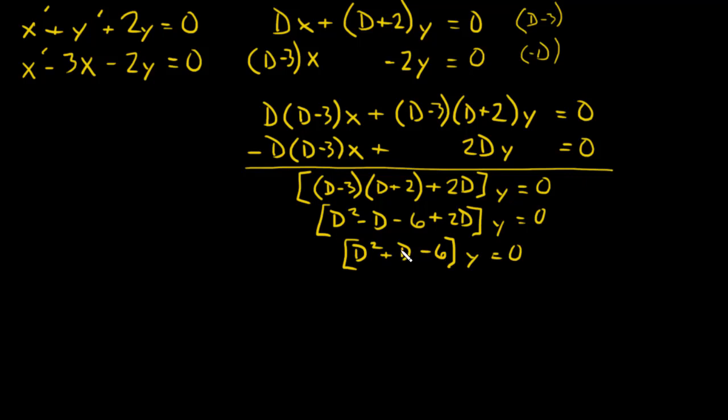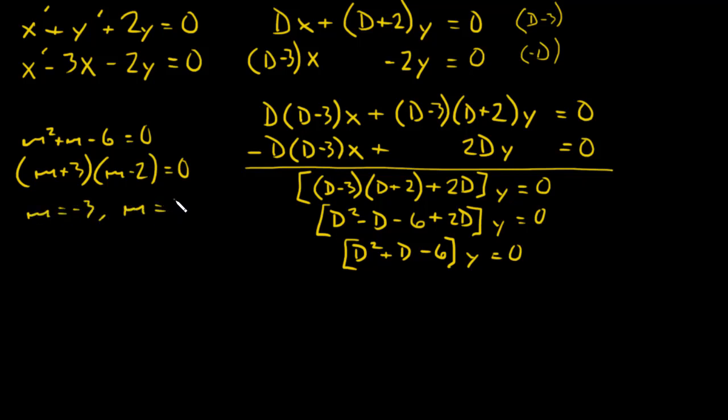Alrighty, I can knock that out. That's the auxiliary for m squared plus m minus 6 equals 0, which is m plus 3 times m minus 2. So my m is equal to negative 3 and m is equal to 2, which means that my y of t is going to be, let's see, I think I can put it right here.